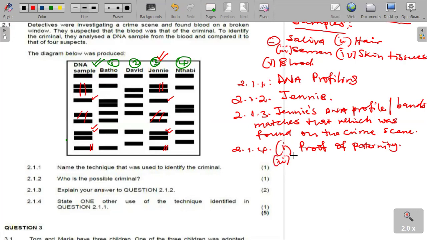We can also use it for tracing missing persons. It is very correct to say that sometimes people go missing.